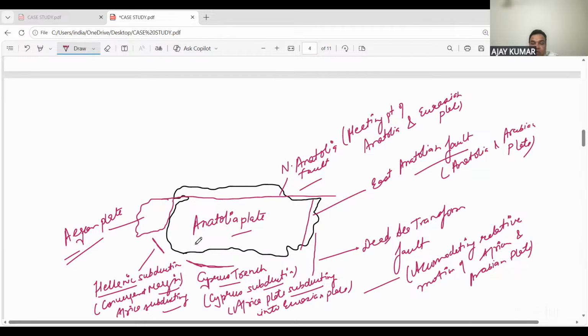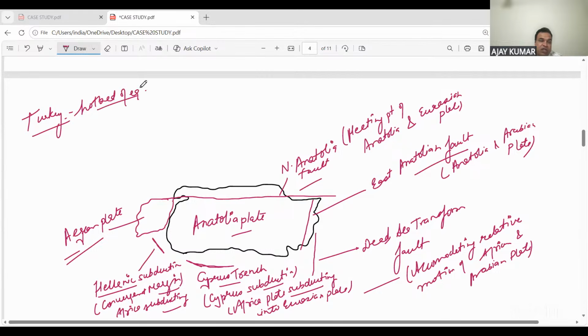And obviously when these plates move or slide past one another, there might be some right lateral strike slip faults, and these slip faults are known to cause very severe earthquakes. That is why Turkey is called the hotbed of earthquakes.